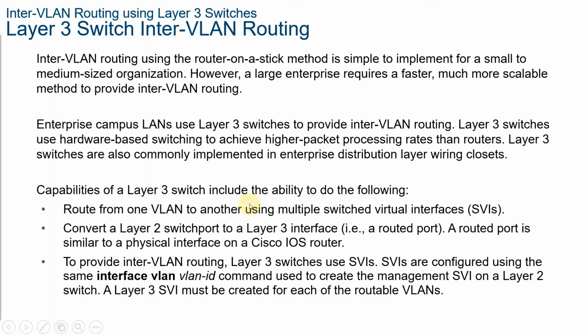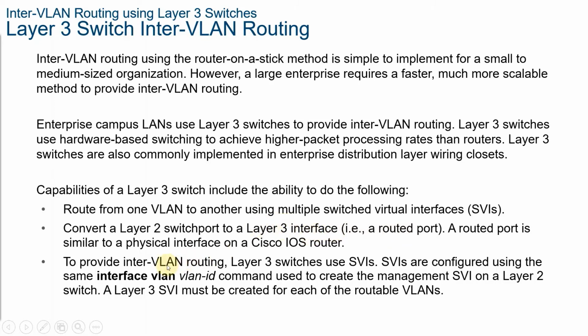Based on the requirements, first, route from one VLAN to another using multiple switched virtual interfaces. Second is to convert a layer 2 switch port to a layer 3 interface, for example a routed port. A routed port is similar to a physical interface on a Cisco IOS router.